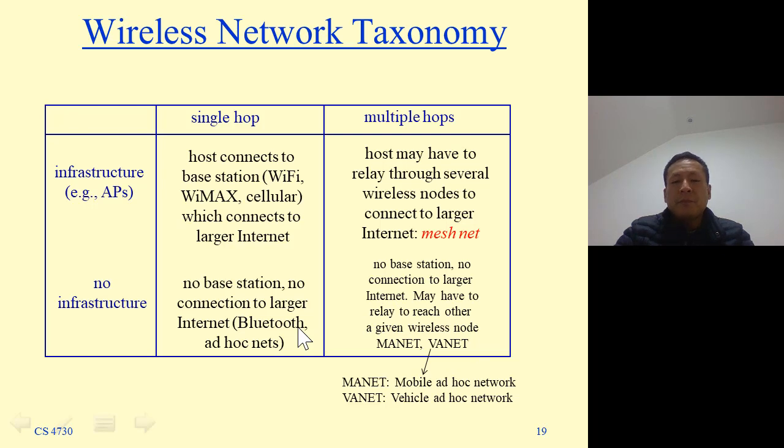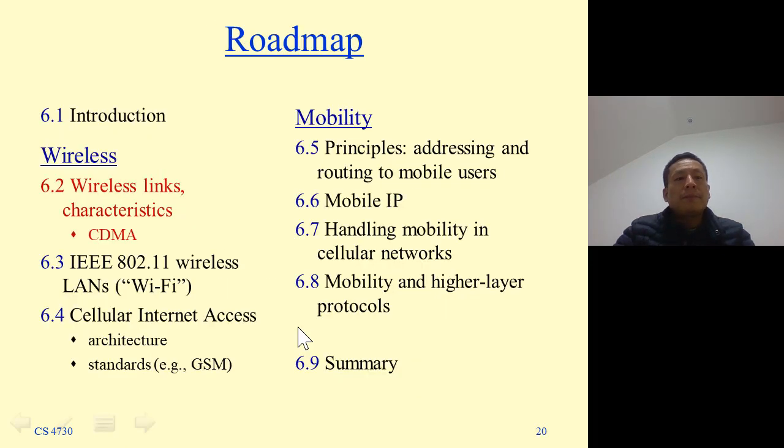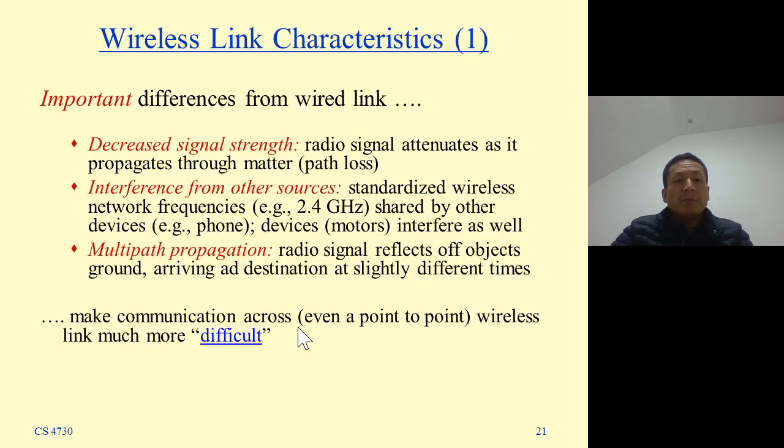Okay, so after the introductions, we want to discuss a little bit more about the wireless itself, specifically the wireless link, and what the wireless link means in terms of different things.